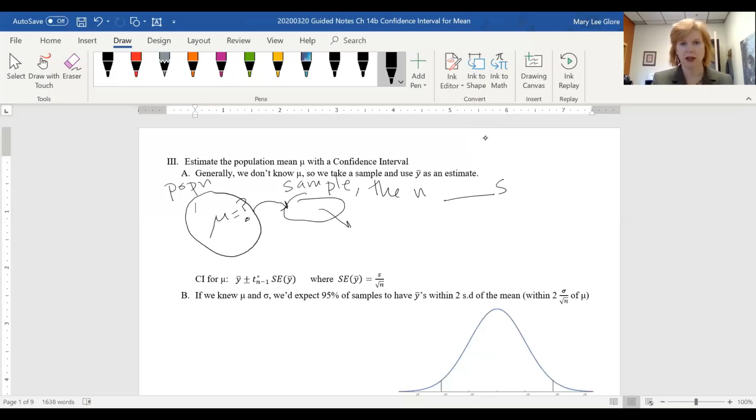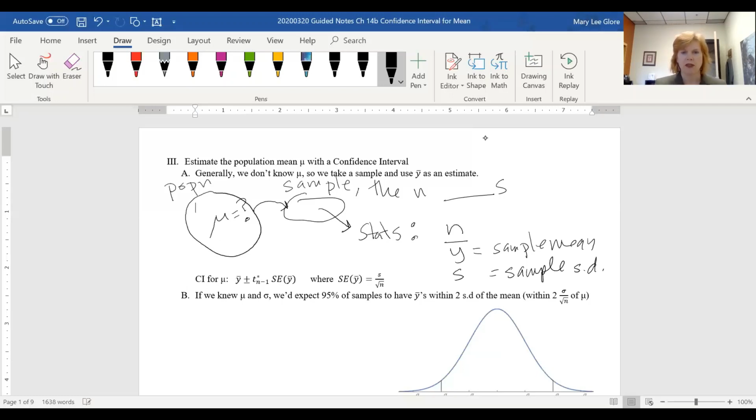So from here, we can get statistics, which are, remember those, what's a statistic? It's a calculation from data. So this is my data. And I'm going to have N, which is the sample size, Y bar, the sample mean, the mean of my sample, and S, which is the sample standard deviation.